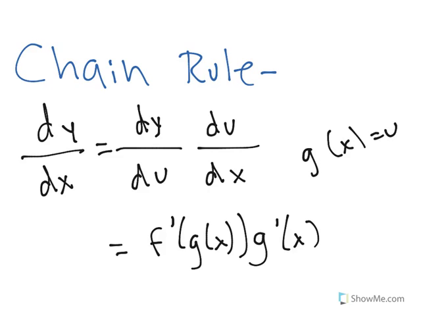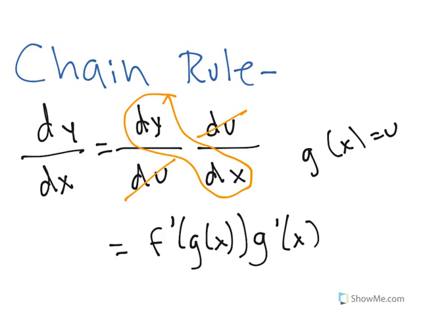And something to maybe remember is that you could kind of cancel out the du and du, and you still get dy over dx. That's not really how it works, but it's just an easy way to remember this. But it's up to you if you want to use it or not.